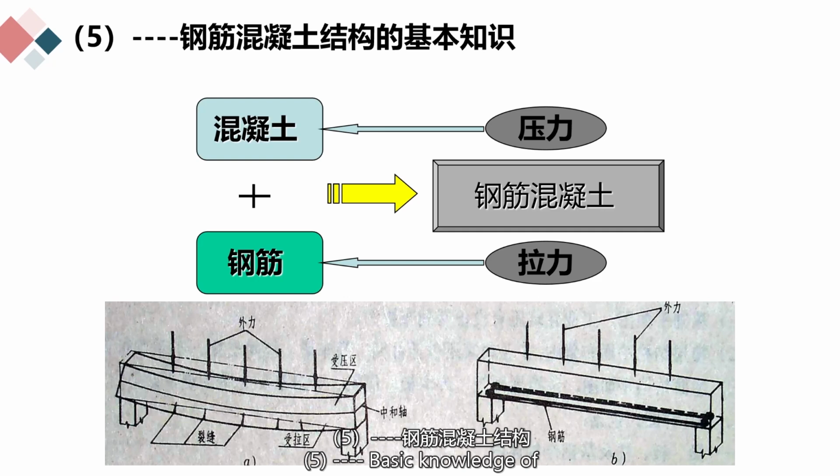Basic knowledge of reinforced concrete structures. Reinforced concrete is composed of concrete and steel bars. The concrete is on the upper part of the component and bears the compressive force. The steel bars are located at the lower part of the component and bear the tensile force.